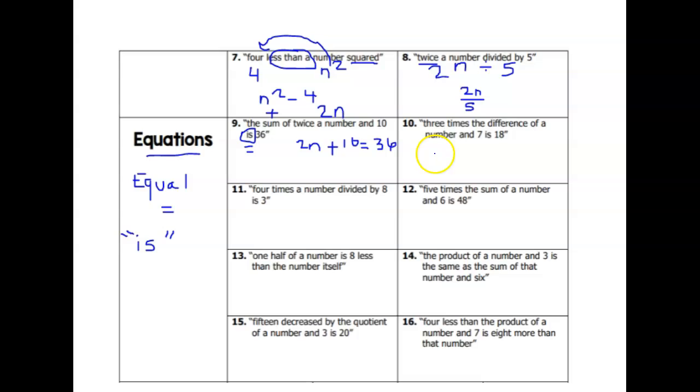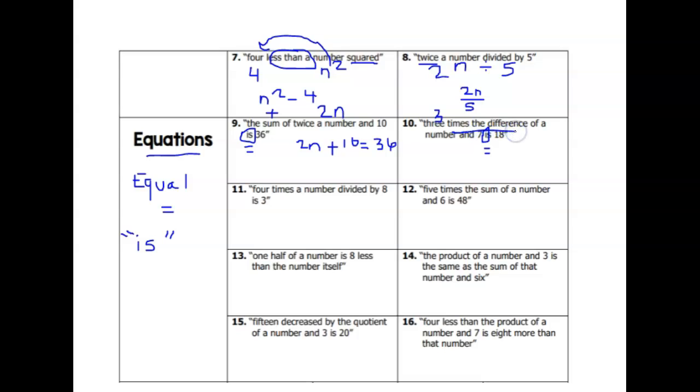Let's look at 10. 3 times the difference of a number and 7 is 18. Again, is my indicator. I got an equal sign. Now I do my same stuff. 3 times the difference of a number. Oh, guys, what does times the difference mean?